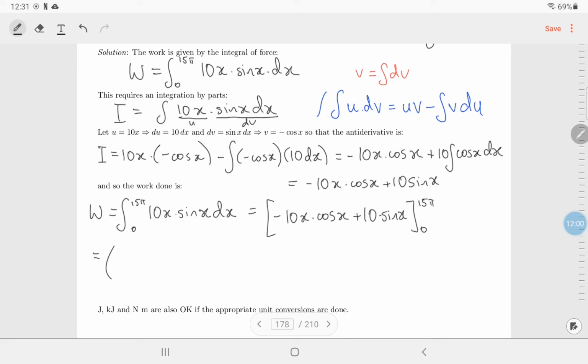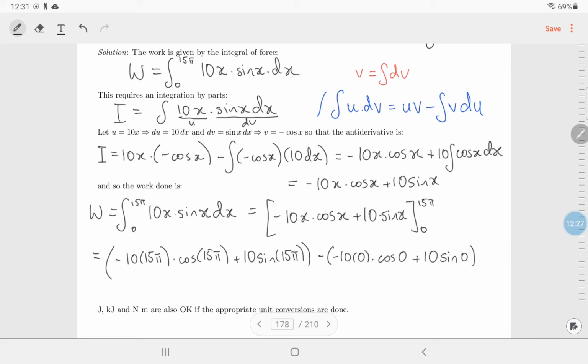So putting in 15 pi, so minus 10 by 15 pi by cos 15 pi plus 10 sine 15 pi, minus, substitute in the bottom limit, so it'll be minus 10 by 0 cos of 0 plus 10 sine of 0.